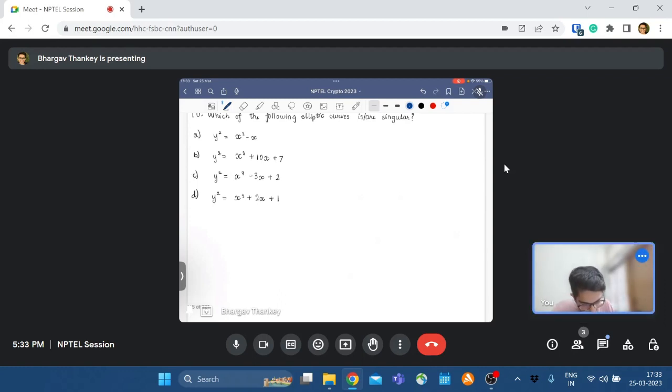Okay, let me write it. So the elliptic curve y square equals x cube plus a x plus b is singular if and only if 4a cube plus 27b square equals 0.